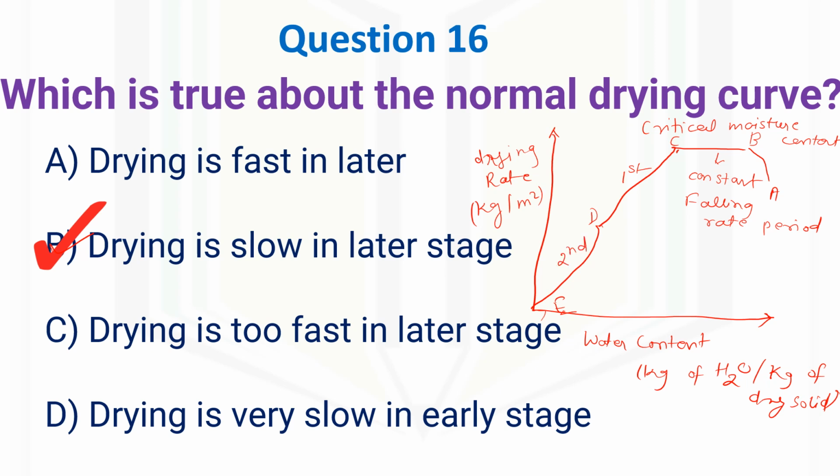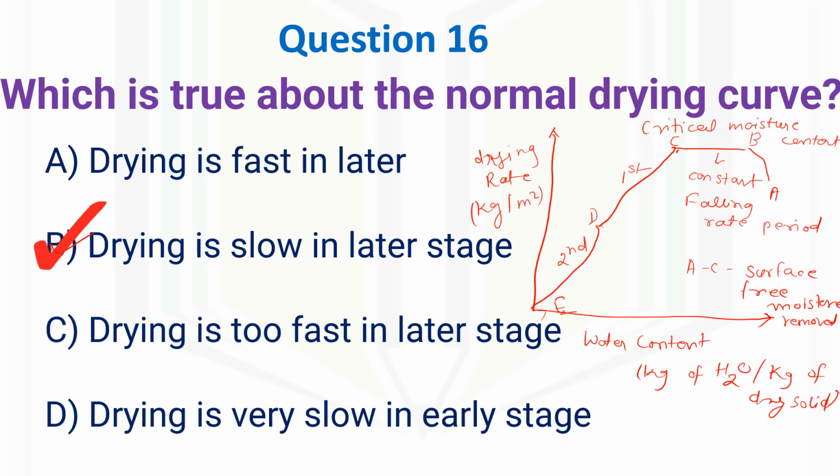Initially the drying of the food material is faster because from point A to C, the surface moisture, the unbound or free moisture, is removed.